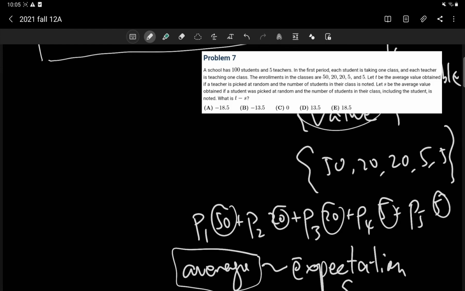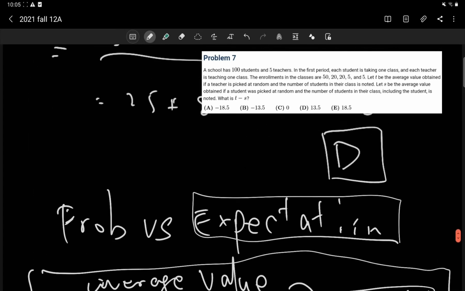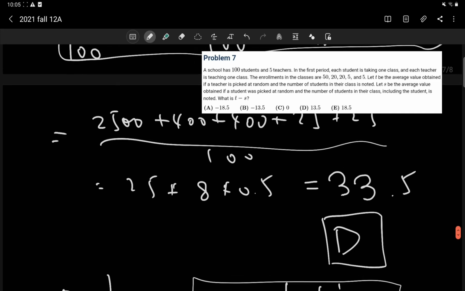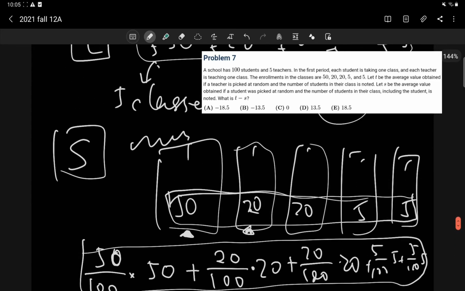And where does the probability come from? The probability comes from what is the probability that we choose this class, right? What is the probability we choose the class of 50? All right, so that will be the trick.